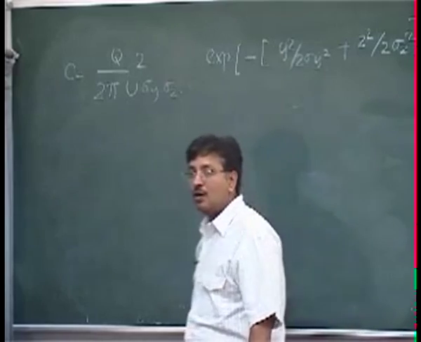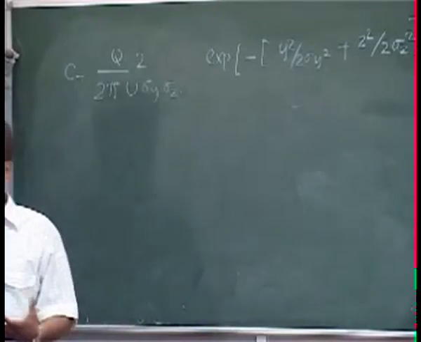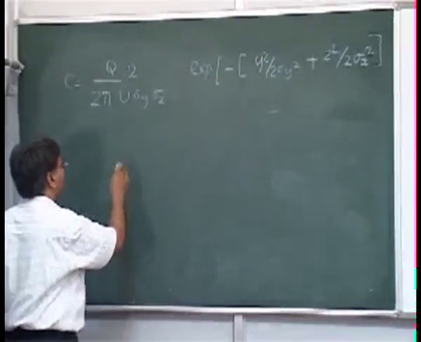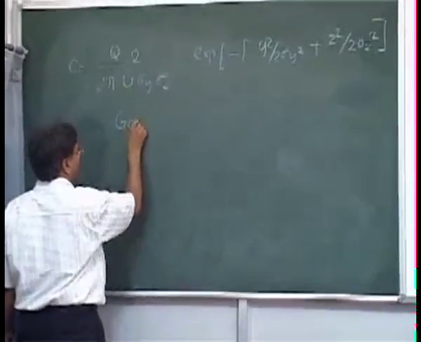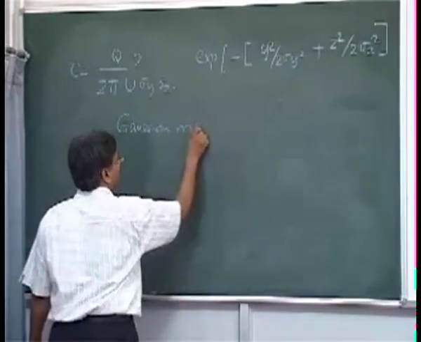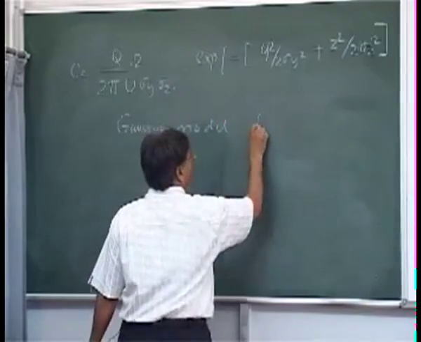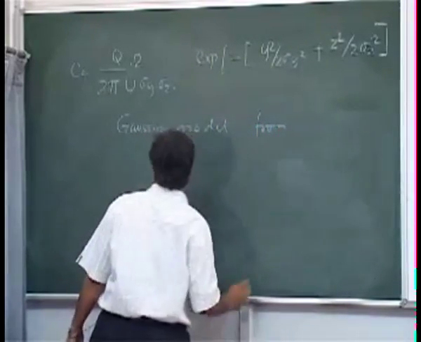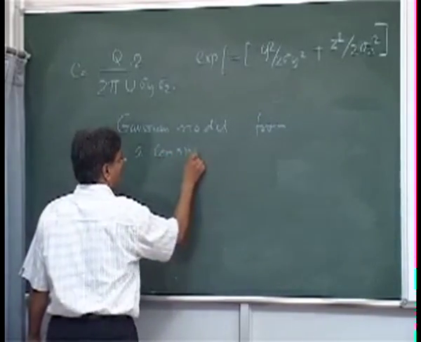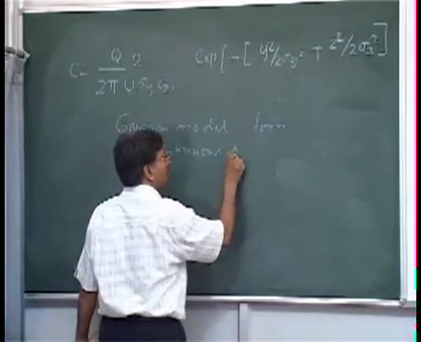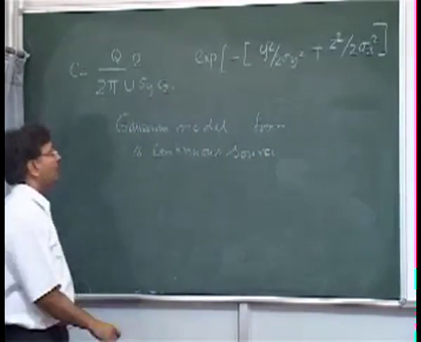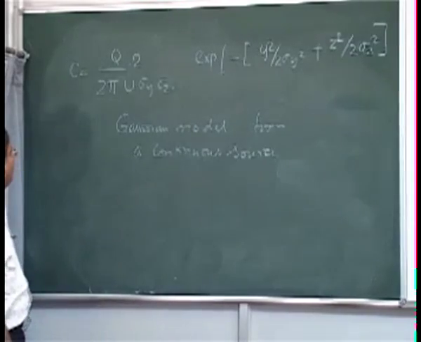And this is what is called your Gaussian model from a continuous source.